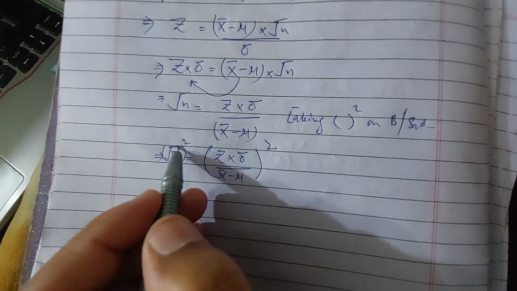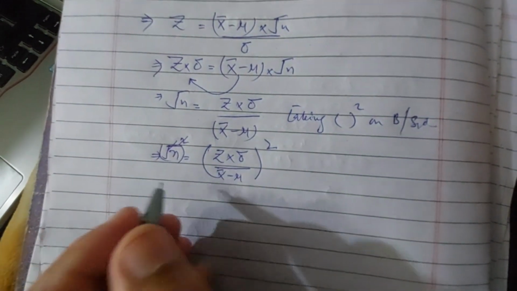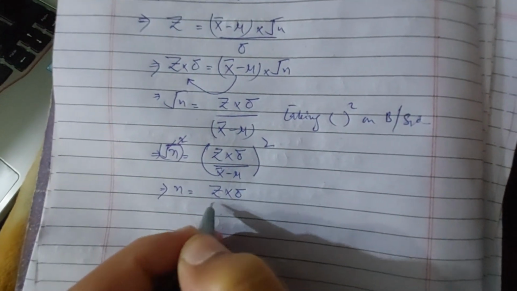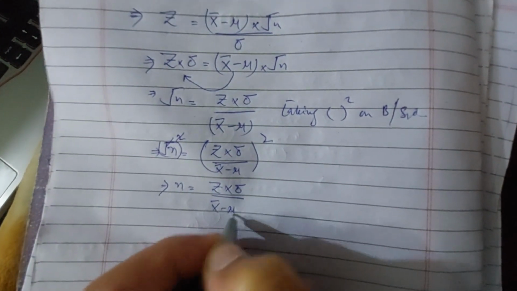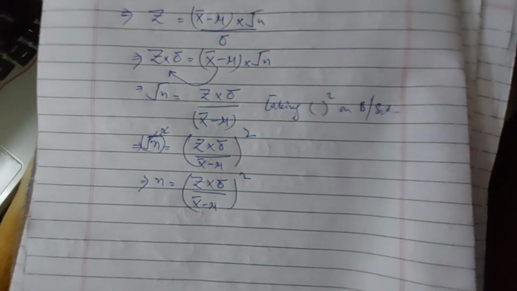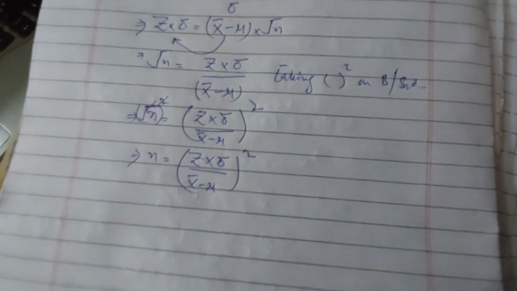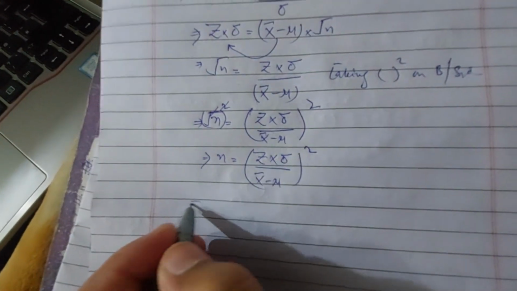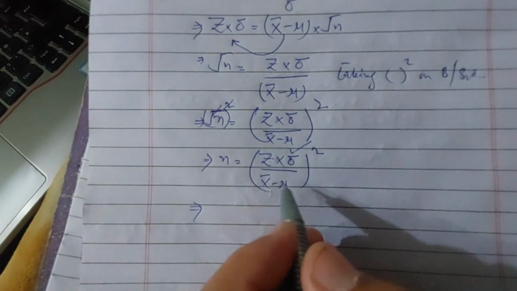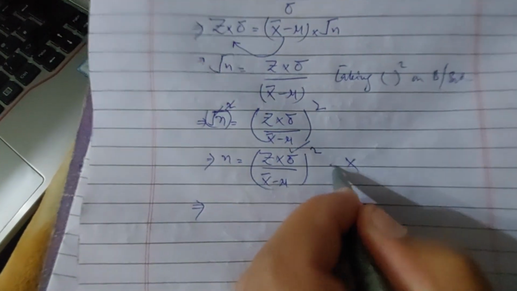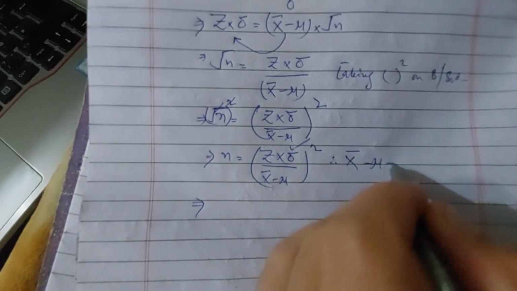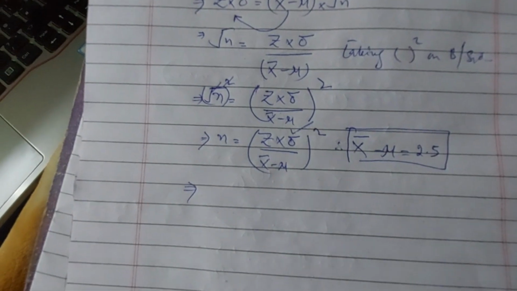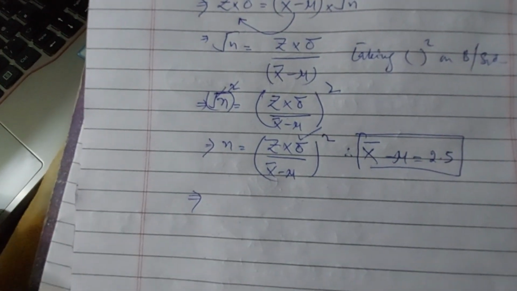The square root and square cancel each other out, and we get n is equal to z into standard deviation divided by x bar minus mu, whole square. Now here we have the following values: we have the standard deviation, and we know that x bar minus mu is equal to 2.5 seconds. This is given to us, so putting all the values in.